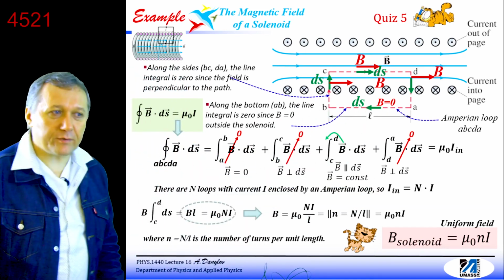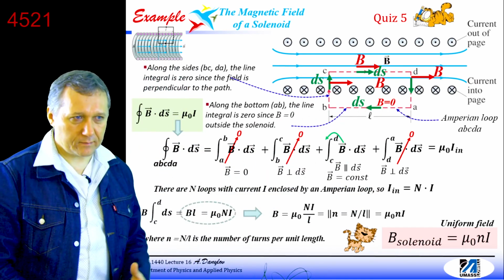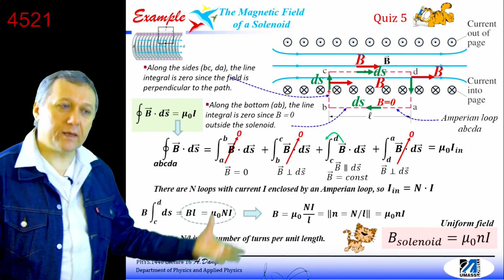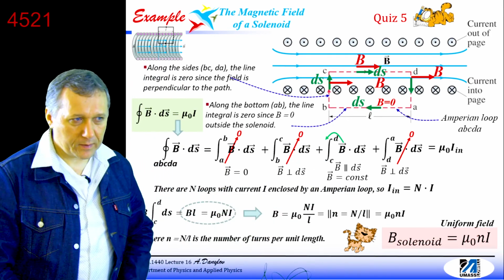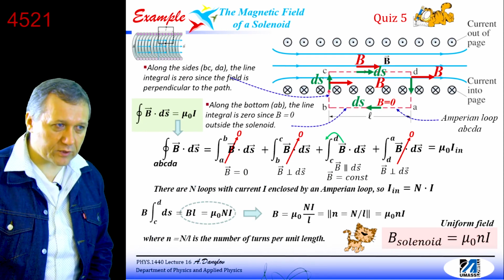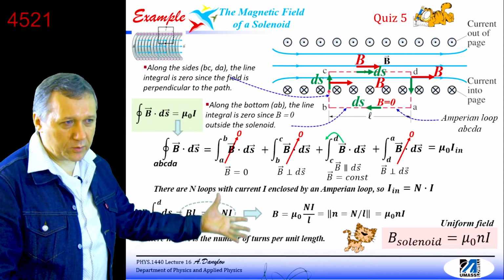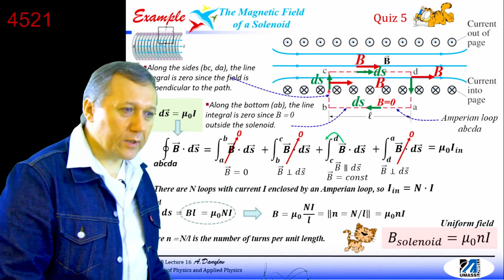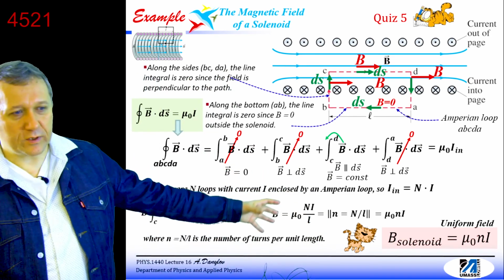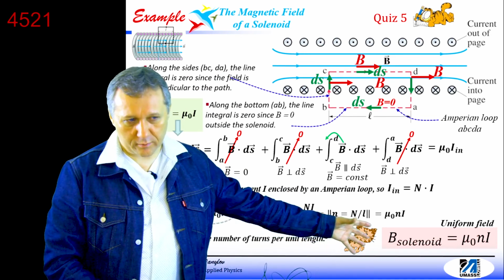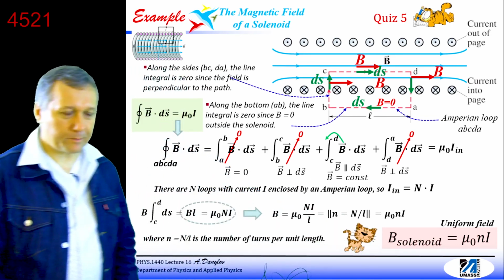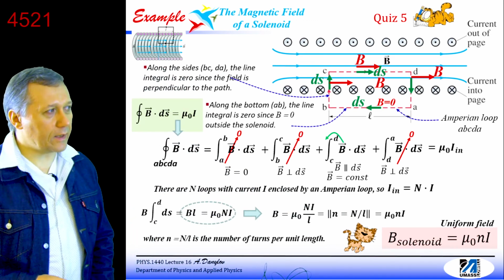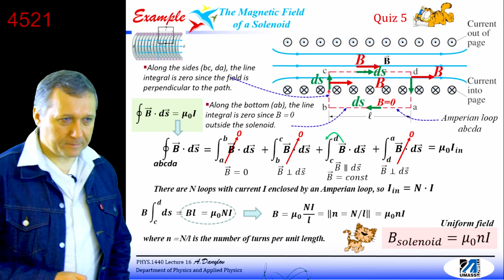Show directions of B and ds. Show that some integrals will be 0, some are not, and derive that formula. A reasonably simple assignment. You just need to work it out, reading either my slides or a book, and get that formula. Of course, this formula will be used a lot by us in the future. I will send you an email about this quiz also, and I will think about the deadline, right?